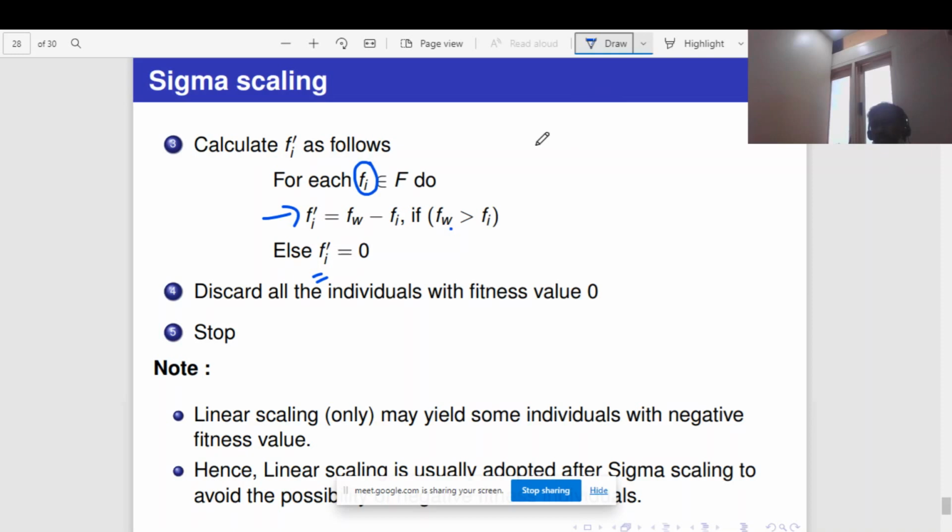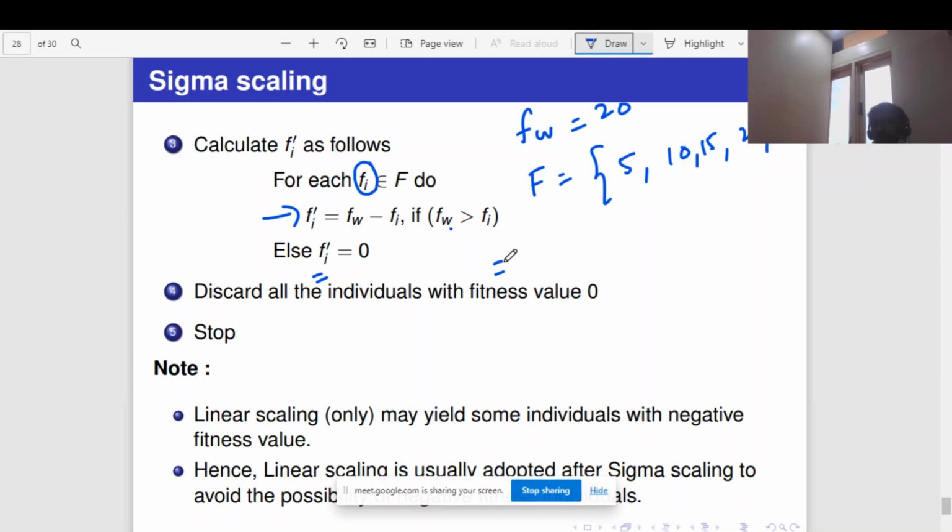Say for example, Fw is equal to 20. Say f is equal to 5, 10, 15, 25 and 30.